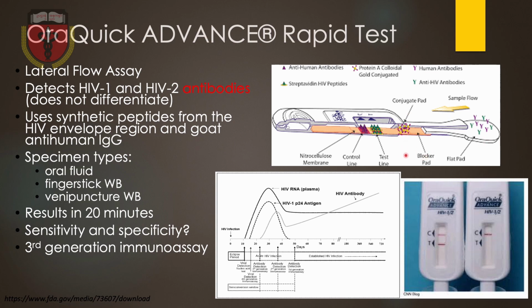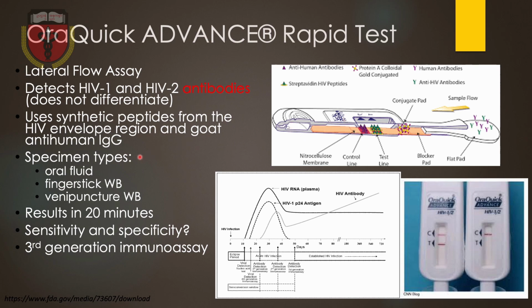What it detects is whether you have HIV antibody in your blood or oral fluid, and the antibody will bind to the antigen by enzyme-linked immunoassay method. It uses synthetic peptides derived from the HIV envelope region and goat anti-human IgG. So this is how the test is designed.